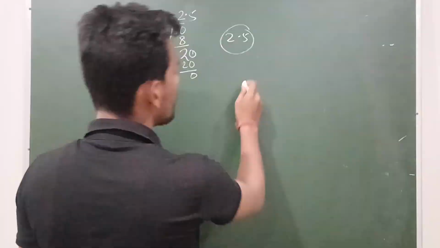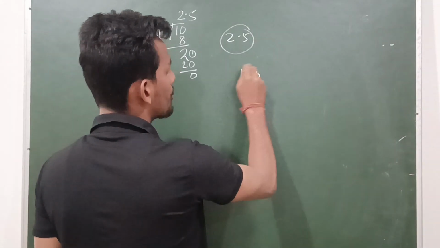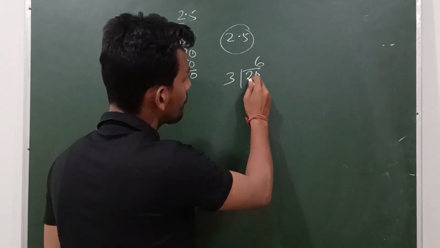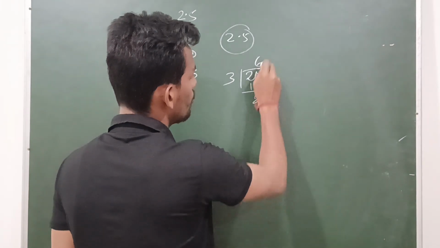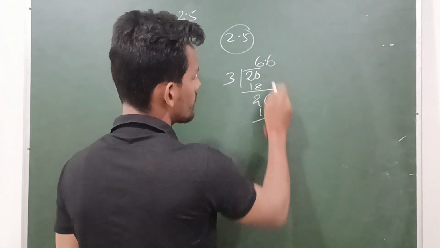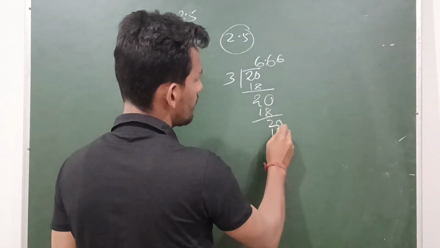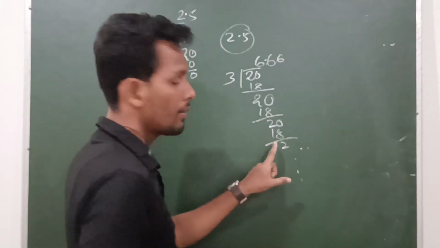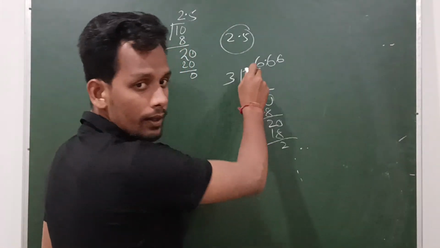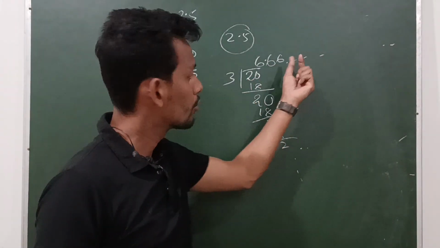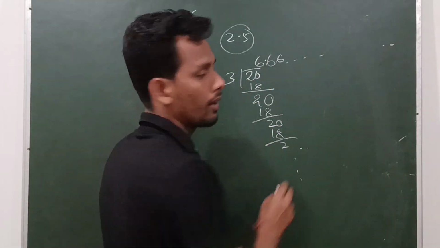Now when you divide 20 by 3, the answer is: 3 6s are 18, 2, decimal, 20, 3 6s are 18, 2, decimal, 20, 3 6s are 18. So like this, in every case the remainder will be 2. So after the decimal, 6 will be repeating, meaning the same digit is repeating. So this is non-terminating.